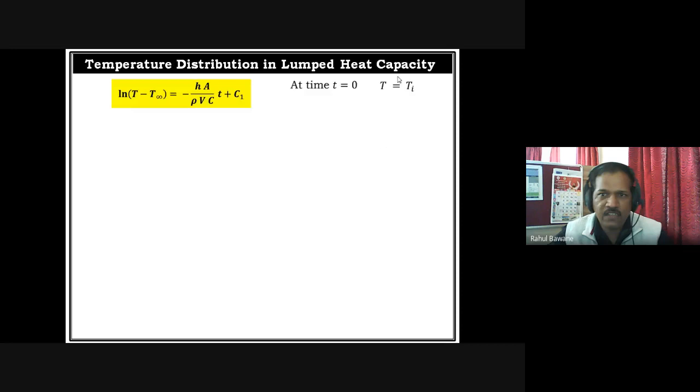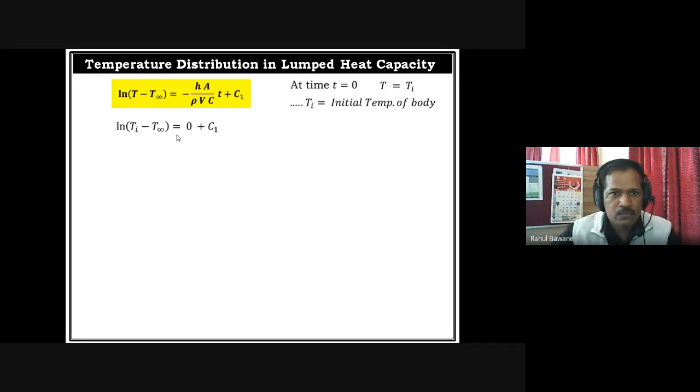But at time 0, when I have not put the object into the liquid, the object remains at its initial temperature. So when time is 0, the temperature of the object will be T initial.